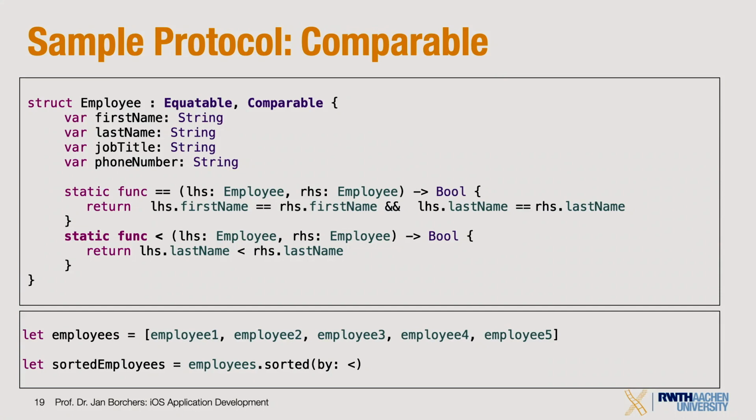So another protocol that is super useful is codable. Codable is something that you use, for example, you'll all have to save data of your app to some file at some point. You need to basically put it into some JSON format, for example, right? That's usually a necessary thing to do. And in order to do that, you can make sure that your data structure adheres to the codable protocol.